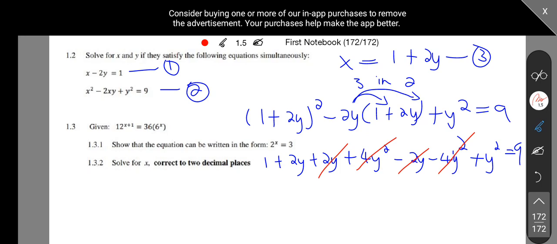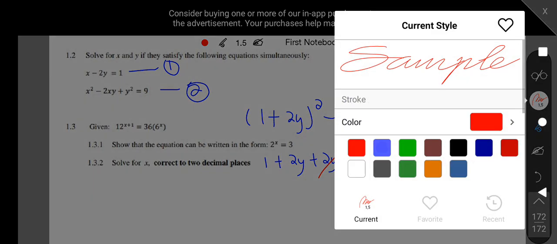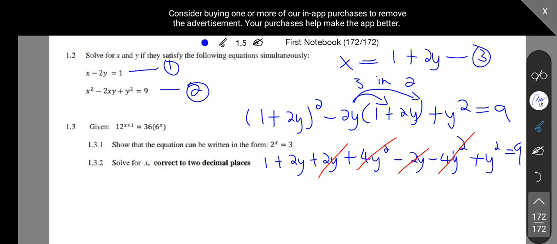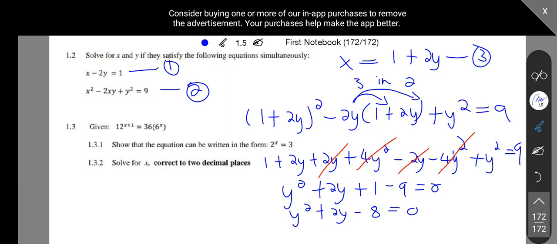Yeah, nothing else. So we're left with y squared plus 2y plus 1 minus 9 equal to 0. Therefore, y squared plus 2y, 1 minus 9 is negative 8, and we can equate that to 0.